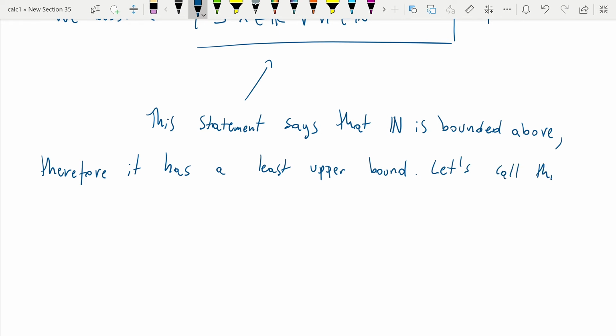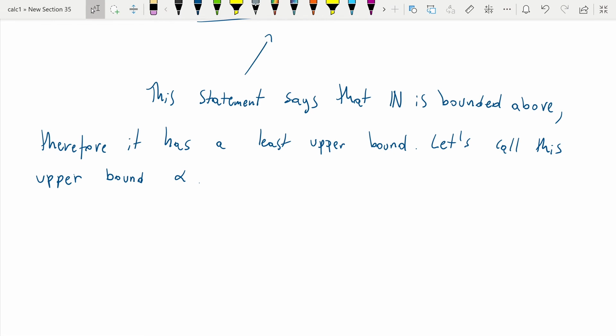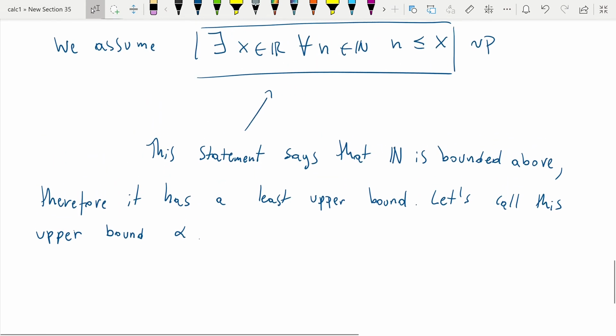So let's call this upper bound alpha, as in the book. Now, if you remember one of the characterizations of the supremum, it said that if we pick an epsilon and subtract epsilon from alpha, then we must find an element in N that is above that number.